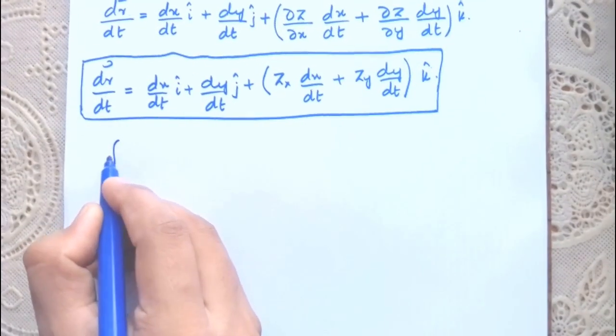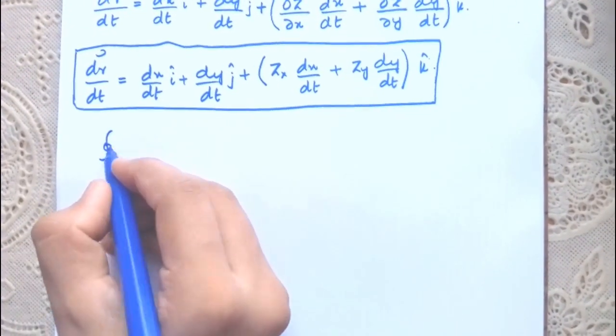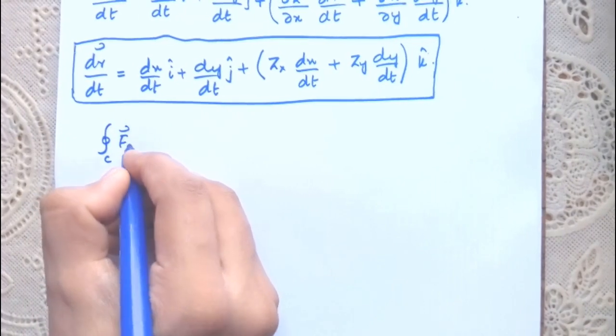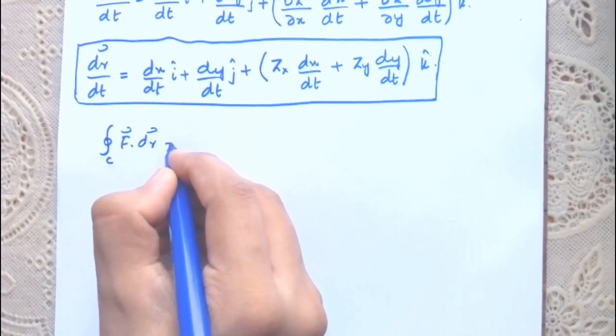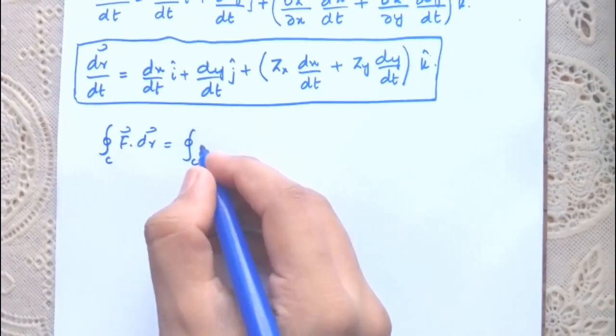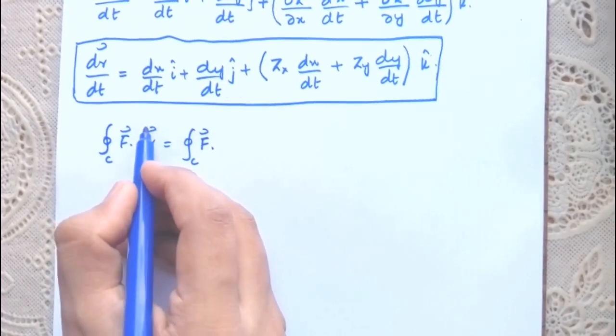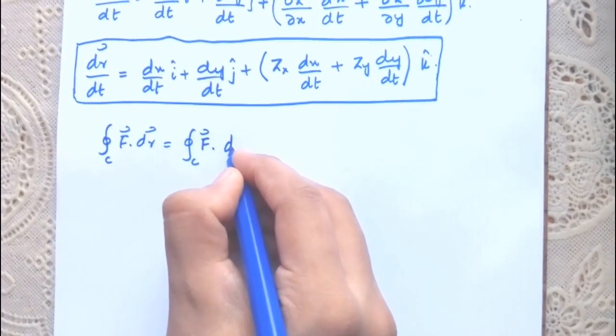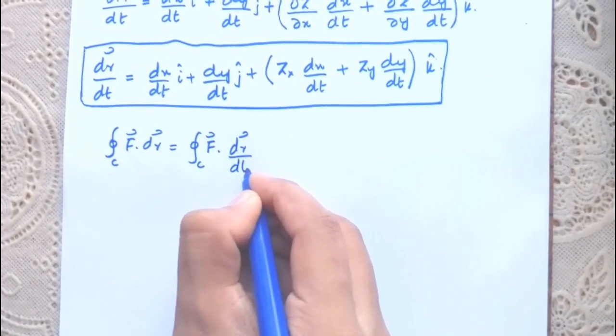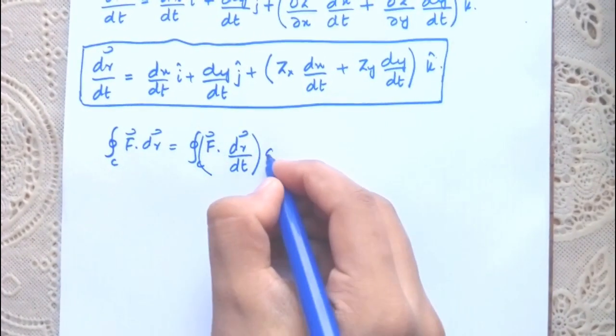Now the line integral over the curve C of a vector field f dot dr is equal to the line integral over the curve C of a vector field f dot, and dr can be written as dr over dt times dt.